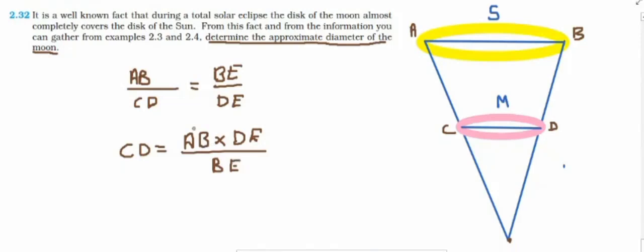AB is the diameter of the Sun, D is the distance between Moon and Earth, and BE is the distance between Sun and Earth. You can substitute the values there, and these values are given in one of the tables inside the chapter. So find out the values of AB, D, and BE from the table and substitute, then find the diameter of the Moon. So that's all the numerical problems of this chapter.